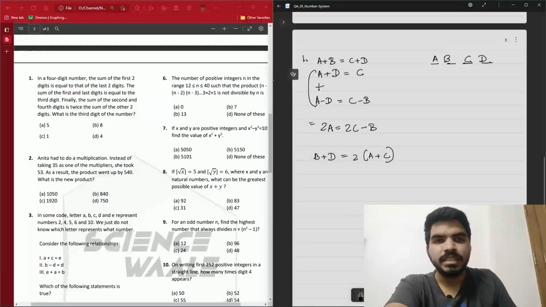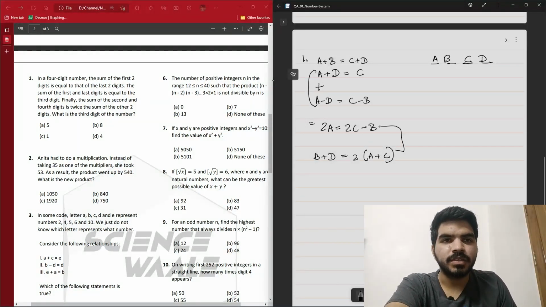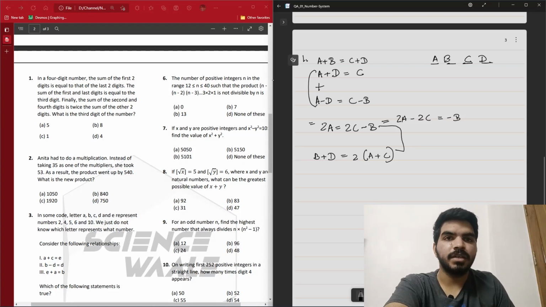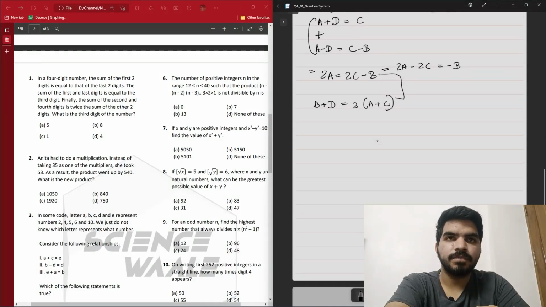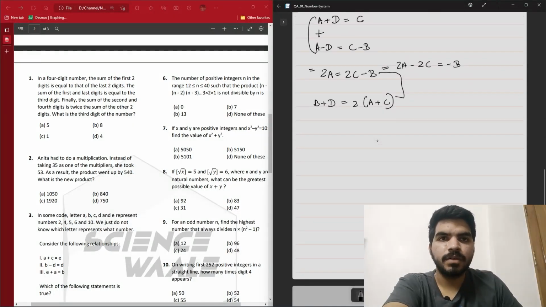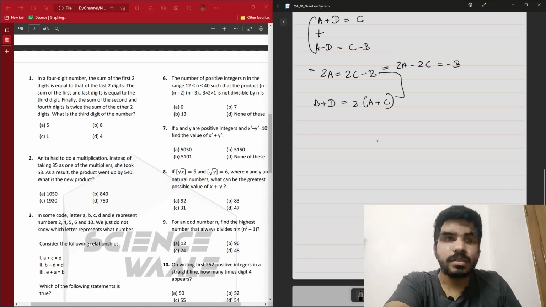If you can see, we can use these two equations. This can be rewritten as 2A minus 2C is equal to minus B, and this is 2A plus C. We can eliminate again. This will be 4A.